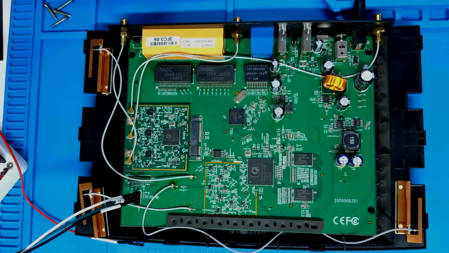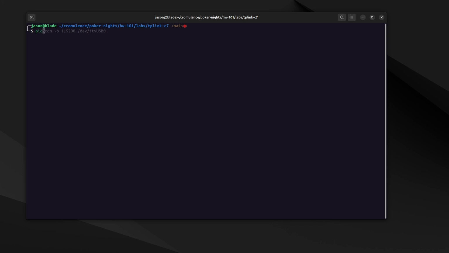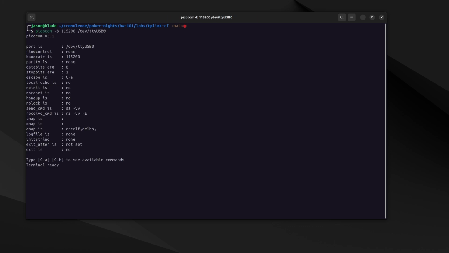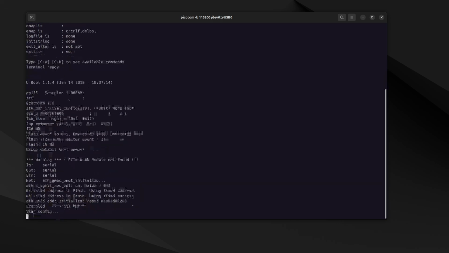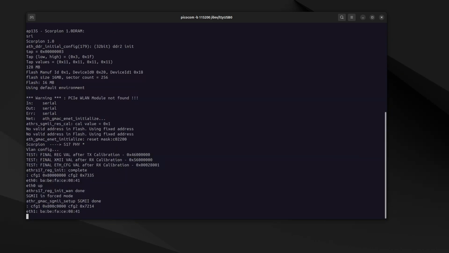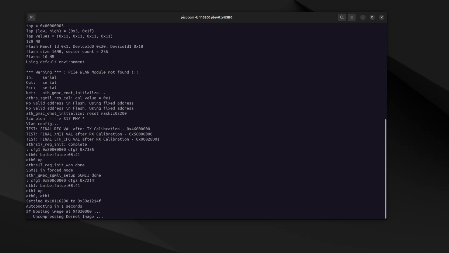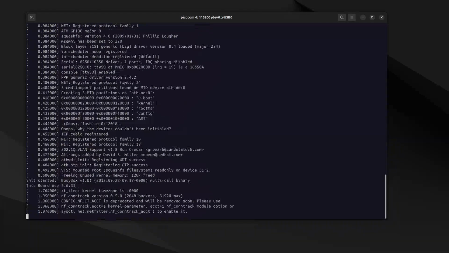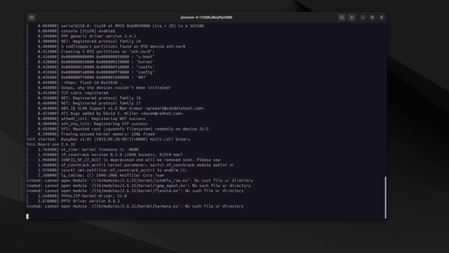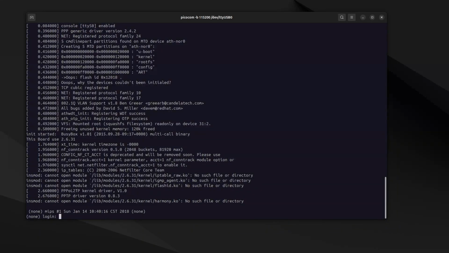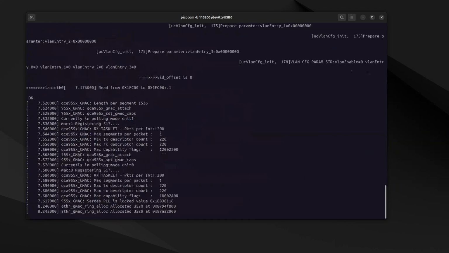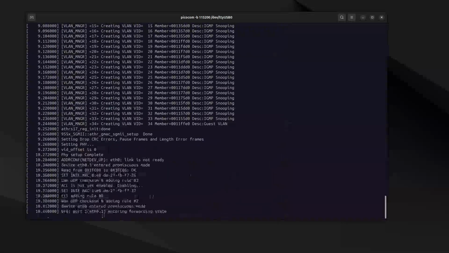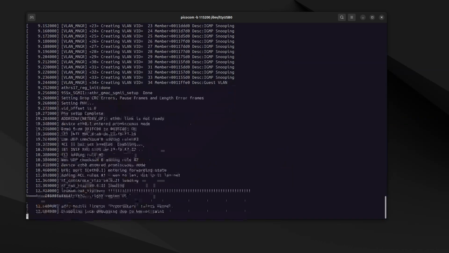And now over here we can open up Picocom and power it on. And there we can see we are getting the boot log, and we saw there momentarily we got a login screen, but it's just going to keep scrolling.